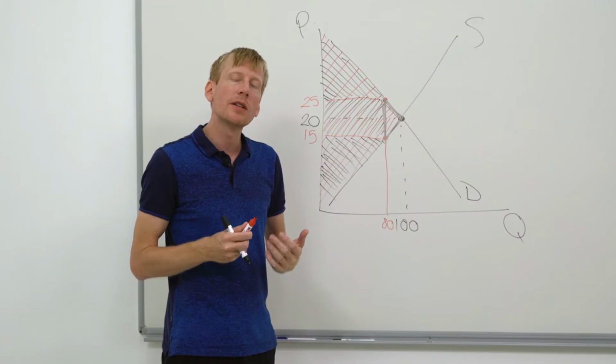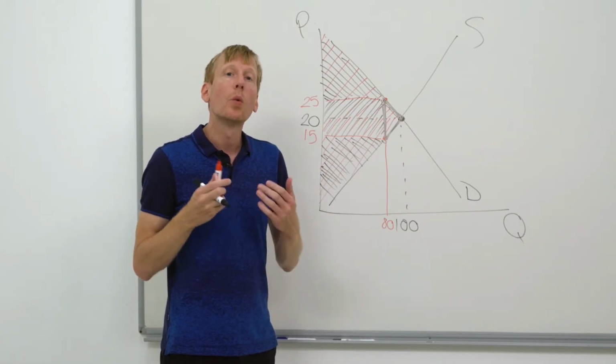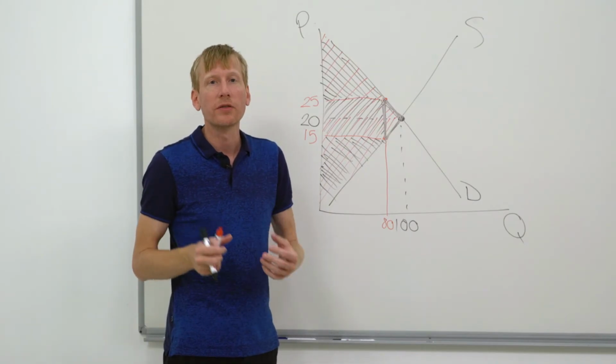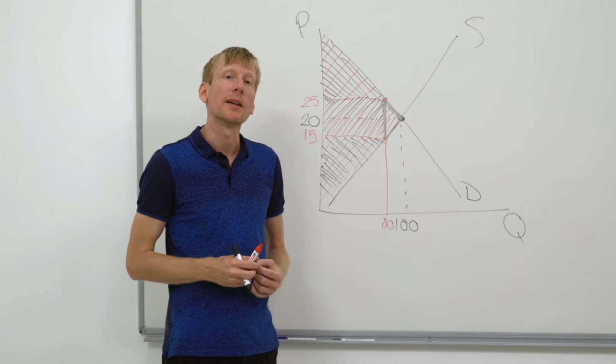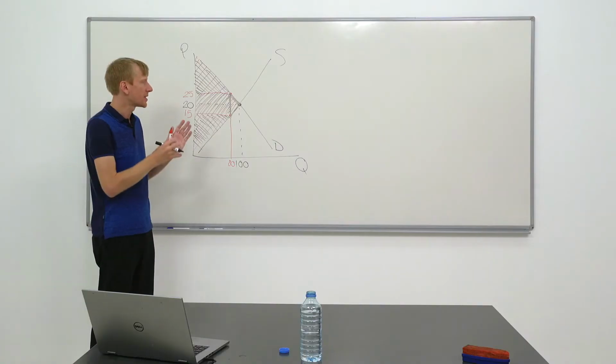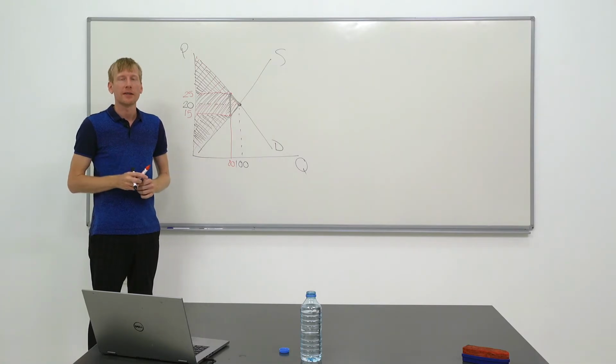So each of those units should have been produced, should have been consumed, would have made society as a whole better off, would have increased welfare, would have increased total surplus if they had been bought and sold. However, because of the tax, they're never produced, and that potential surplus is lost.